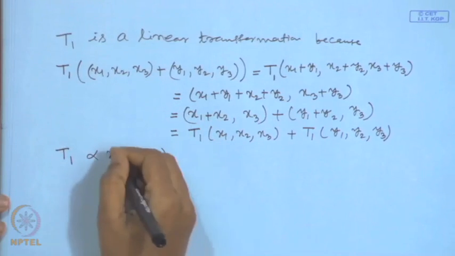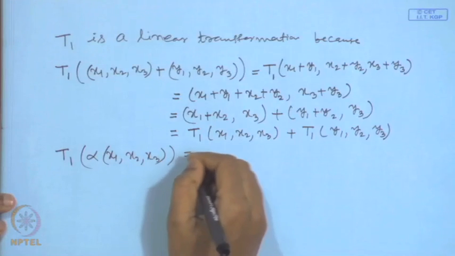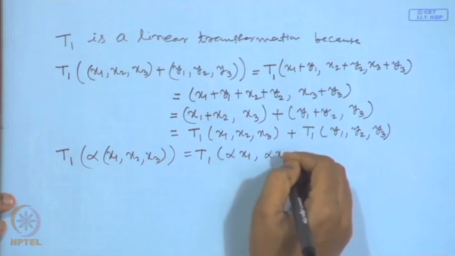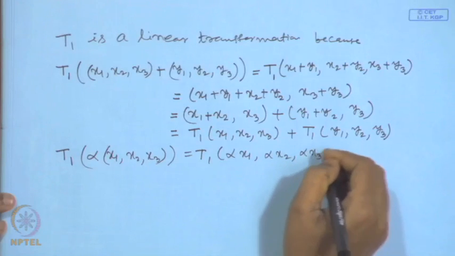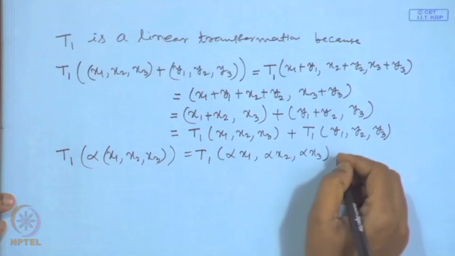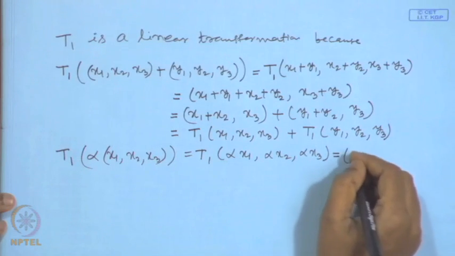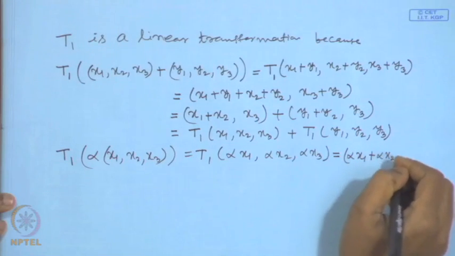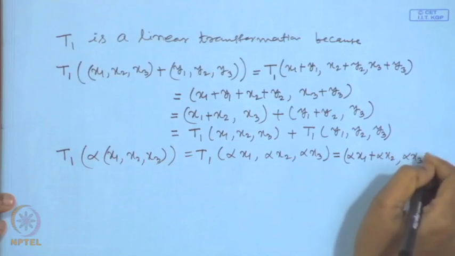So, T1 preserves the addition operation, and similarly T1 also preserves scalar multiplication because T1 of alpha times x1, x2, x3 is equal to T1 of alpha x1, alpha x2, alpha x3, and according to the definition of T1, this is equal to alpha x1 plus alpha x2, alpha x3.